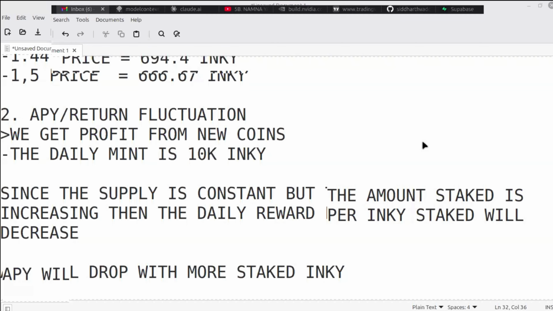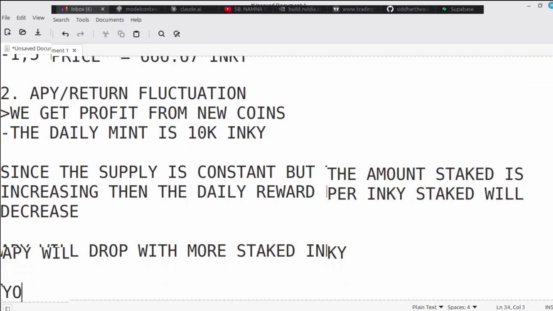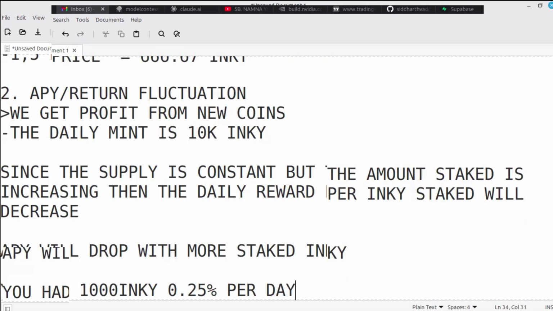So it means that eventually, with time, for example, you had 1,000 ink, and by then it was at 0.25% per day for the 36 months. Let me do the math here for you.